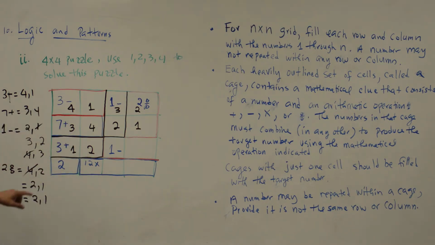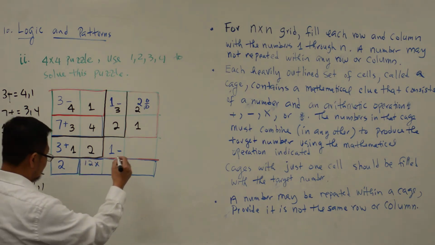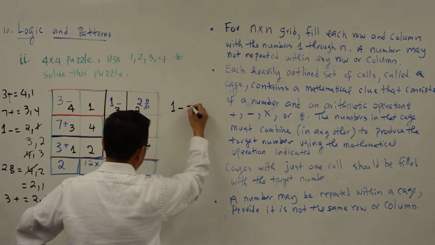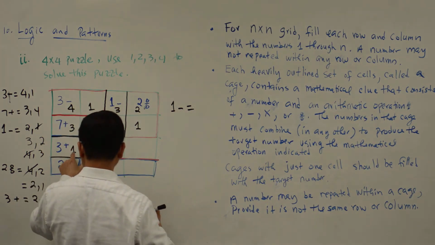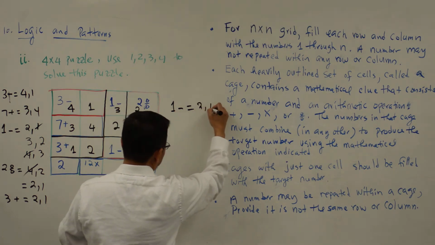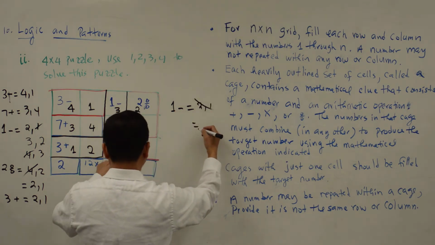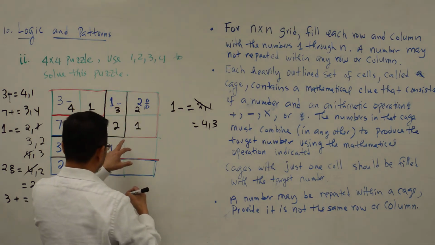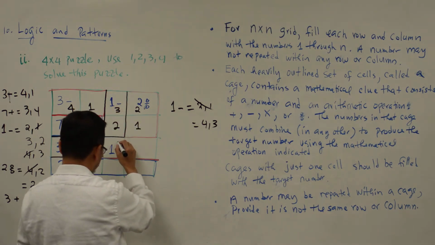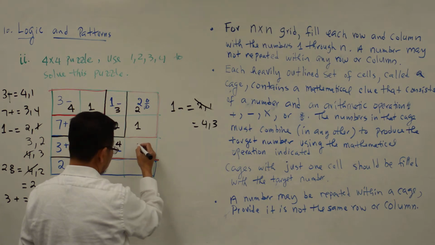Because this 2 is given, that's part of the solution there. So we have 1 minus. You cannot use 2 and 1, that's eliminated. We can use only, let's say, 4 and 3. We cannot use 3 here, so you have to use 4 here, and it becomes 3 now.